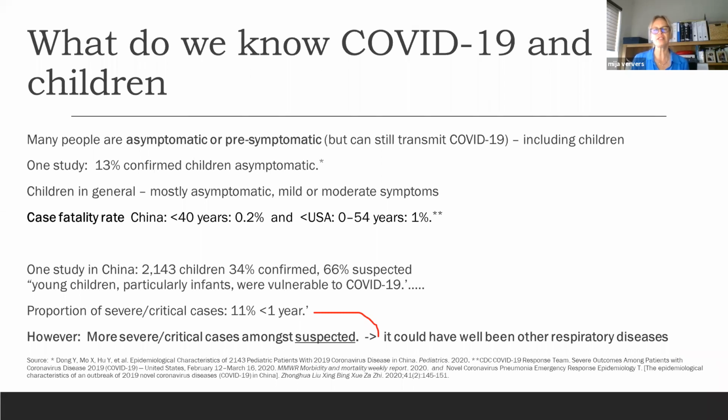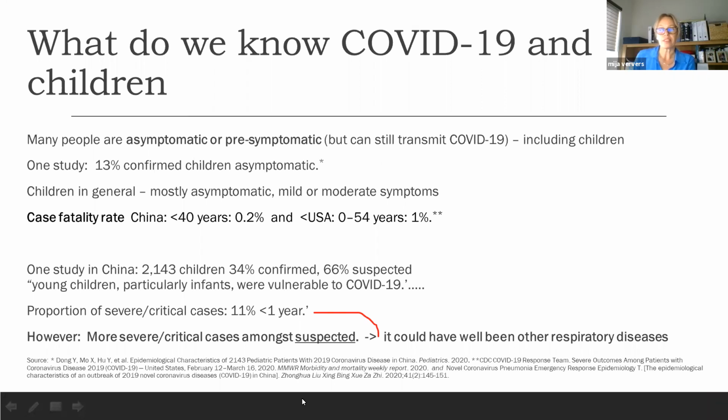Now, there's one study in China about over 2,000 children that looked at about a third that were confirmed and 2/3 were suspected. And that study caused a lot of row, I think, because it says young children, particularly infants, were vulnerable to COVID. And they said that the proportion of the severe cases were 11% was under 1 year.